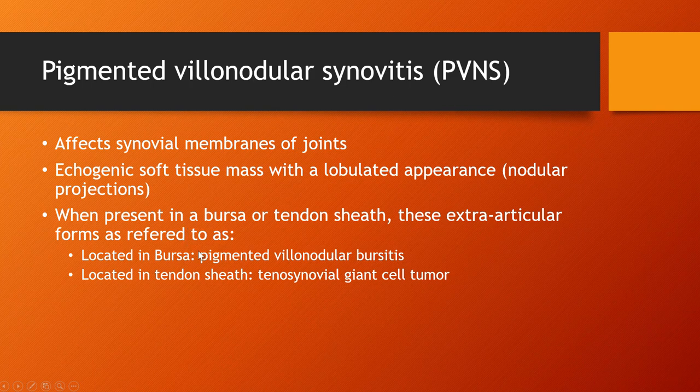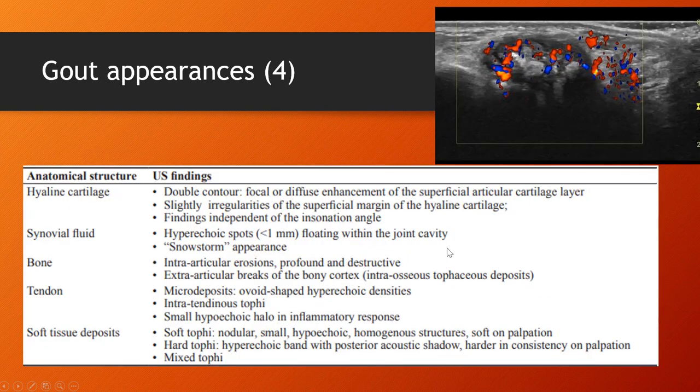So in some cases, not in all, but it can be in bursae, it can be in the tendon sheath as well, and associated with a giant cell tumour. So when it's in a tendon sheath, we call it tenosynovial giant cell tumour. When this condition affects a bursa, we call it pigmented villonodular bursitis. But as I said, it's probably too much to go into in this lecture.